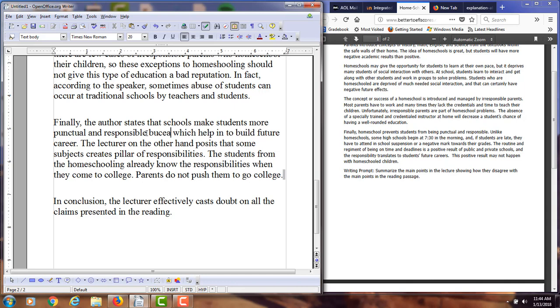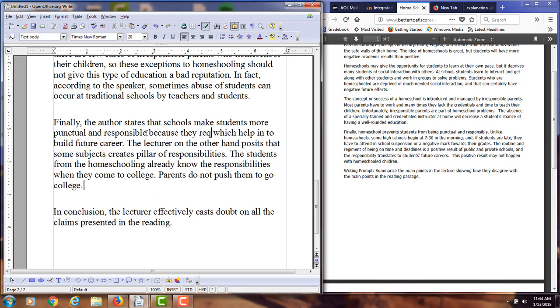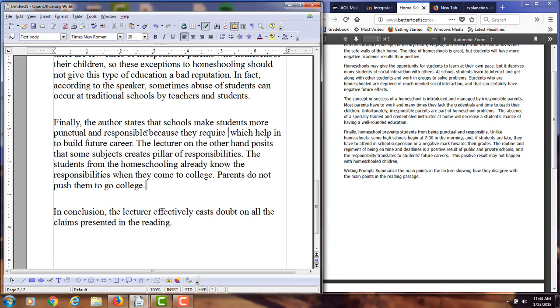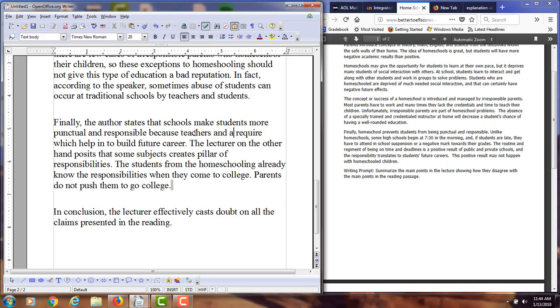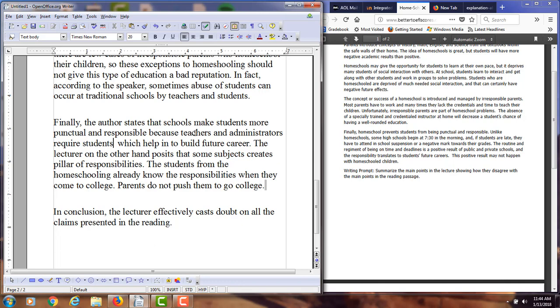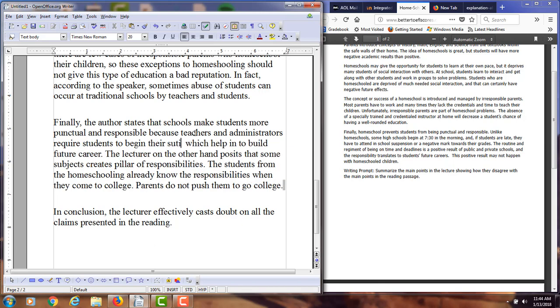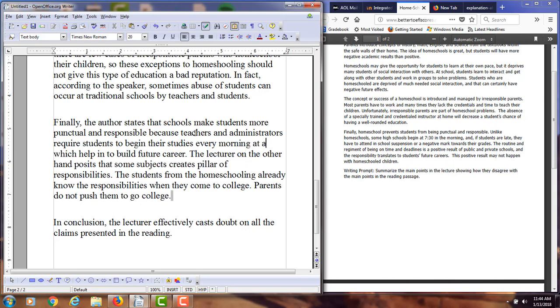And you need to say something like because they require, because teachers maybe and administrators require students to begin, you might want to say, their studies every morning at a similar time.